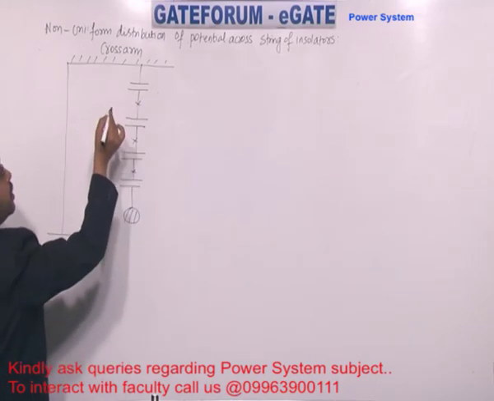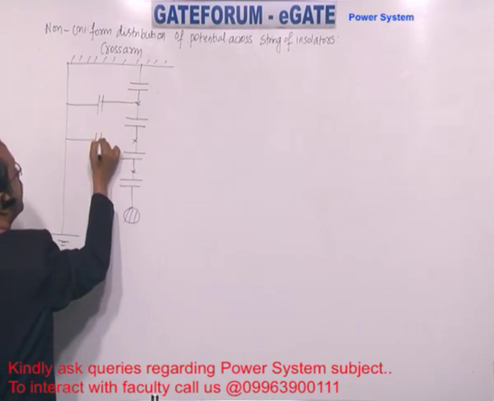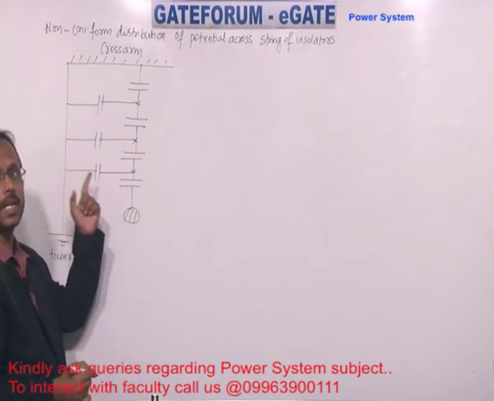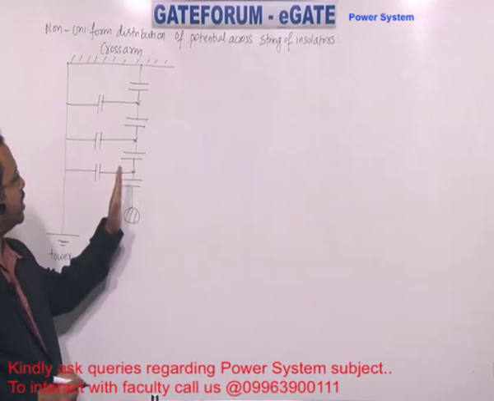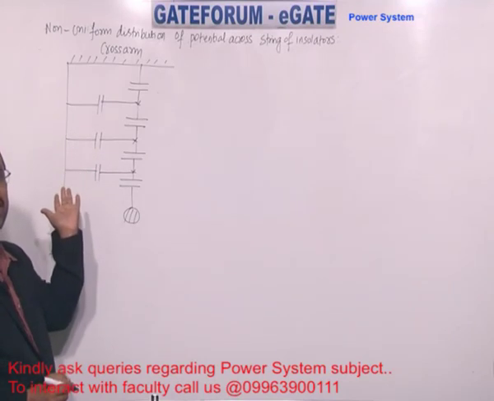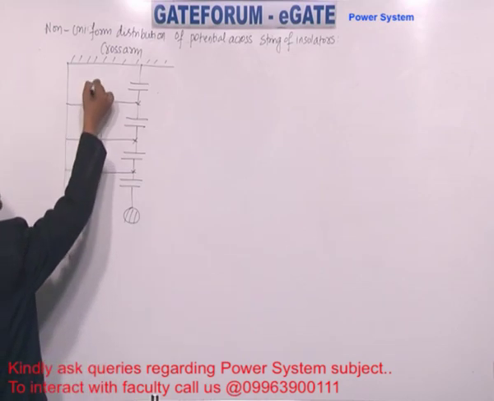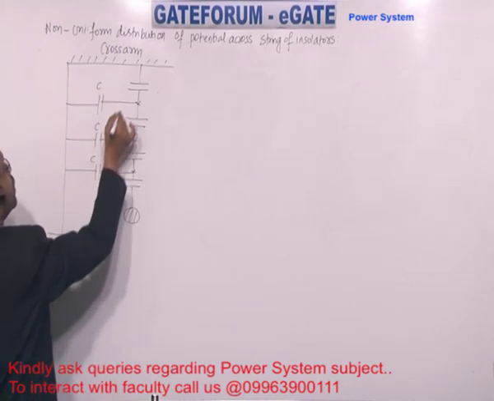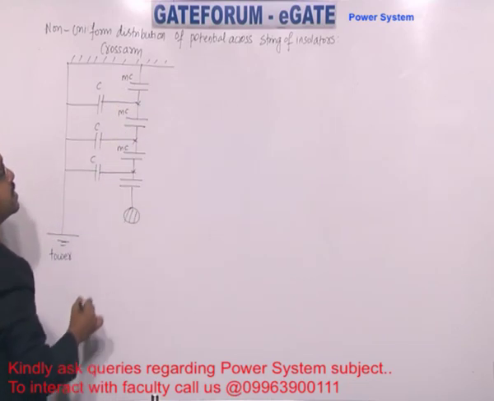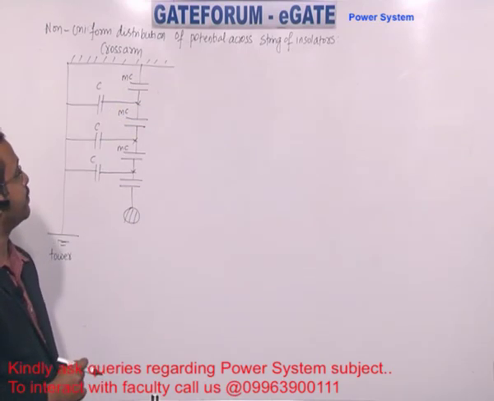Now the tower is made of metal, here also metal. So in between, what will you get? One more capacitance, because we have a metal part here and the tower is made of metal. Between two metal structures, what do we have? Atmospheric air acting as dielectric. So you get one more capacitance, you name it as earth capacitance C. What about this one? The self-capacitance of the insulator is MC.